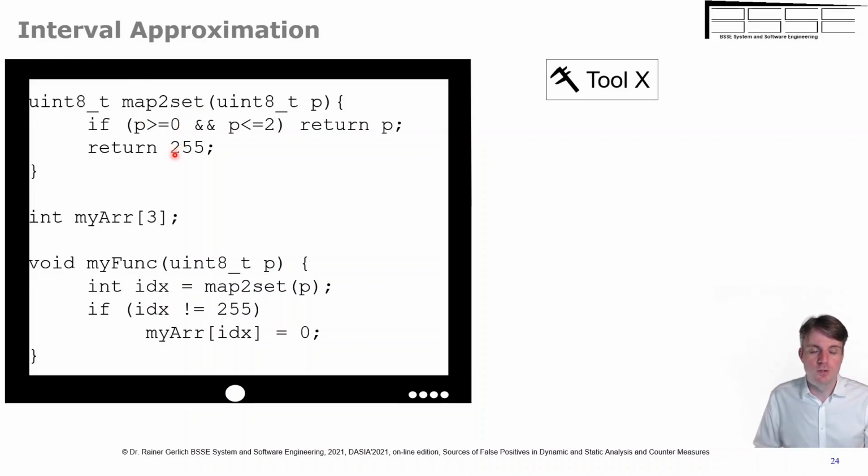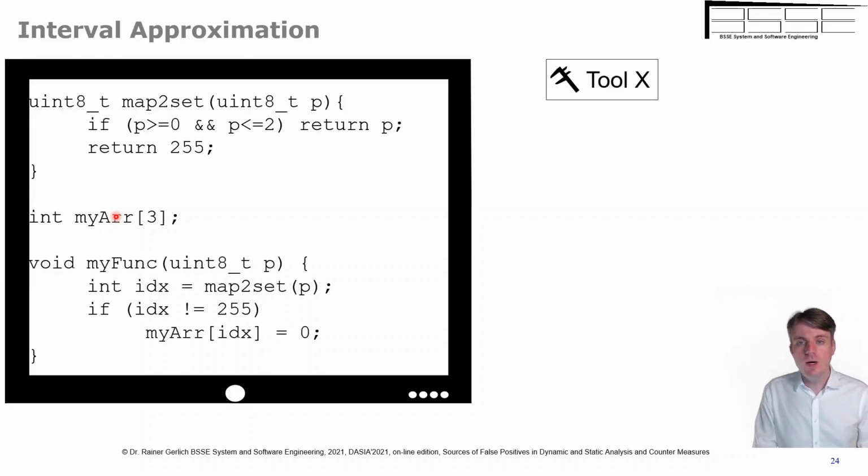Otherwise, it will return 255. So we know that at this point, index can only be 0, 1, 2, or 255. And by the if statement, we exclude the latter. So at this point, index can only be 0, 1, or 2. And all of these three values are valid indices into that array. So we know that this piece of code at least does not have an index out of range problem.